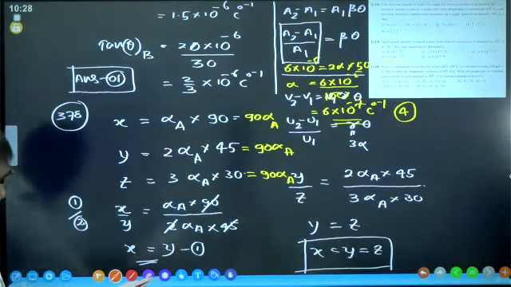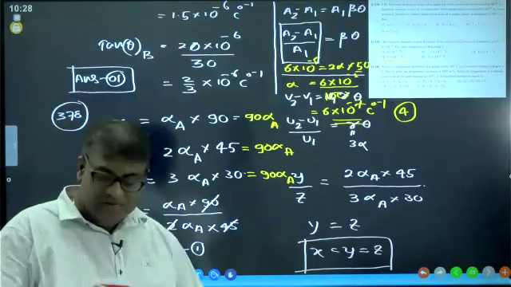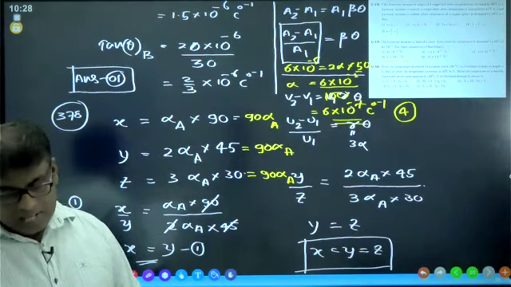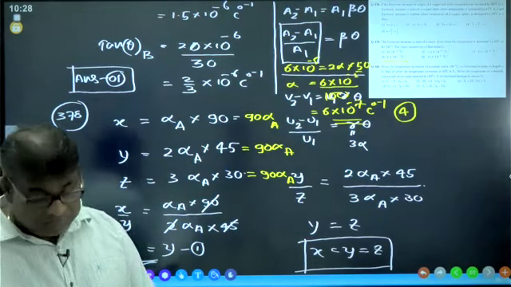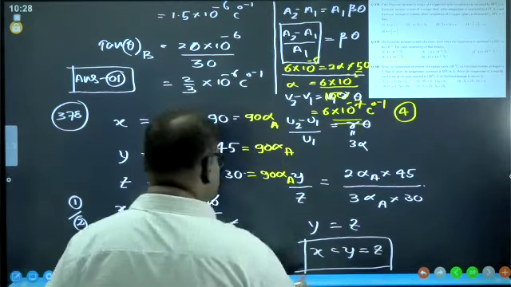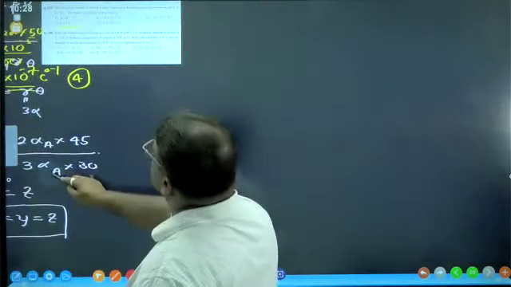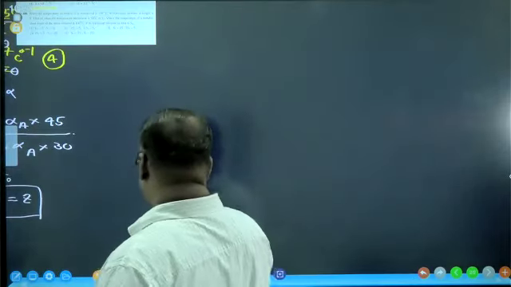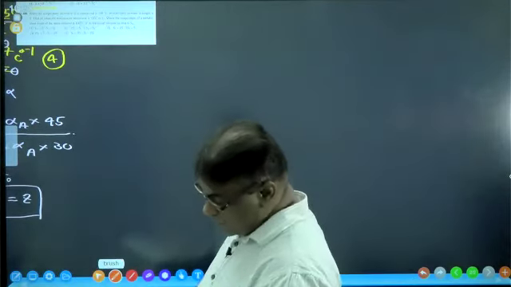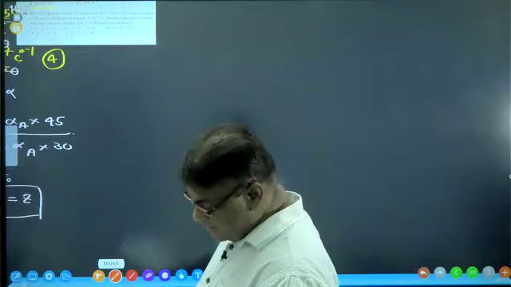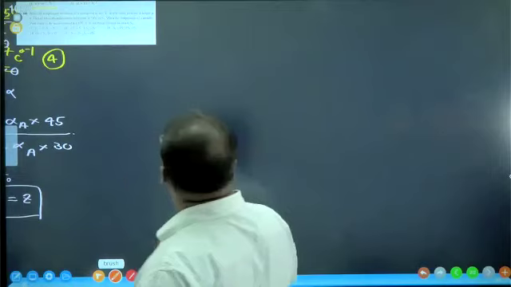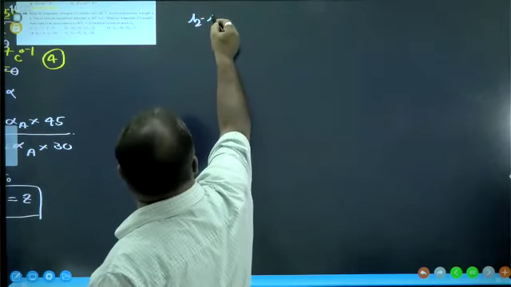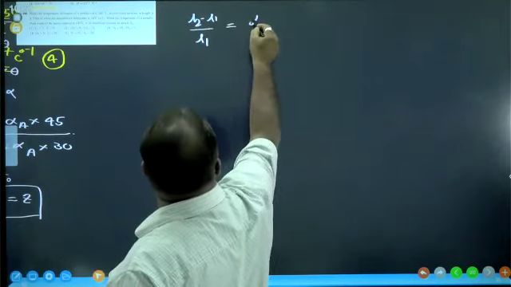Can we check 380? When the temperature increase of a certain rod is 100 degrees Celsius, its fractional increase in length is S. Fractional change of length, we can say, is (L2 minus L1) over L1 equals alpha delta theta.